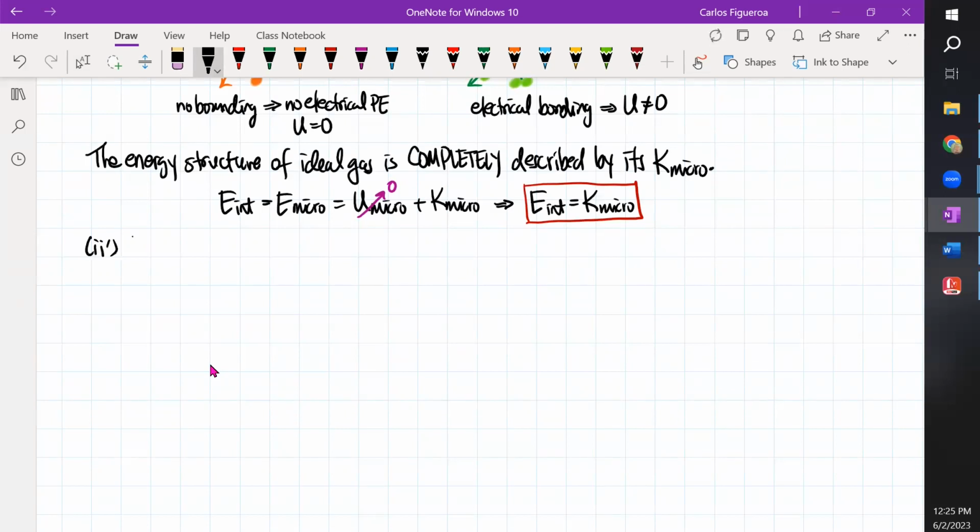Now, let's go define the thermal state variables.